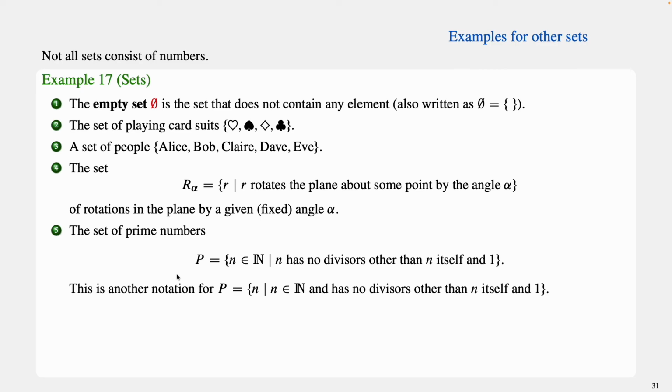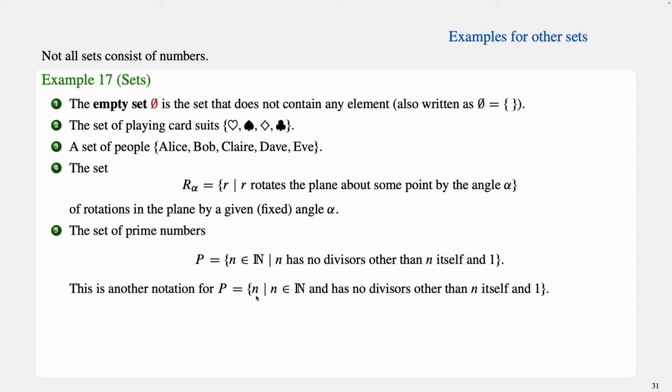Next, the set of prime numbers. These are numbers again, but not a full number set, just a subset of the natural numbers. So I write it here: P equals the n element of natural numbers, such that n has no divisors other than n itself and 1. And I use this first notation to mean this actually.